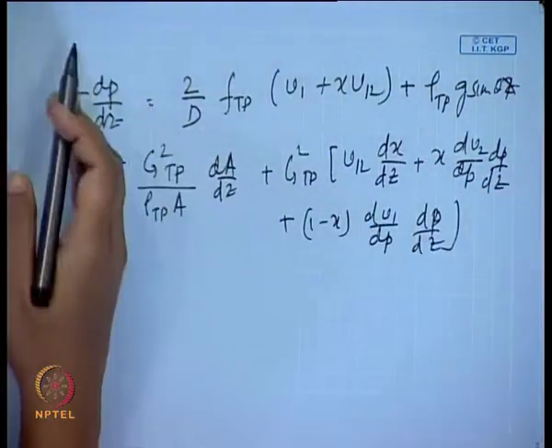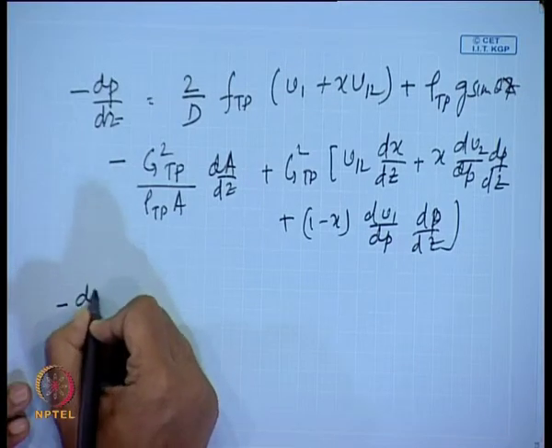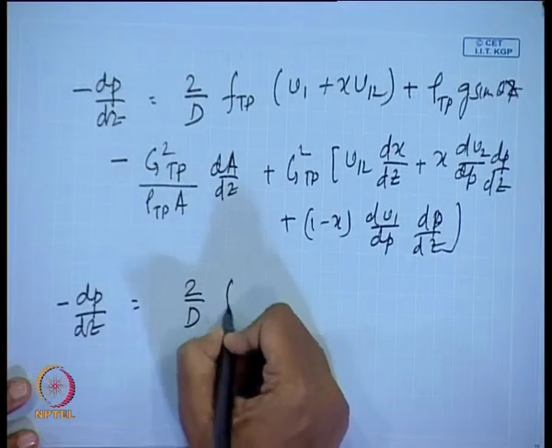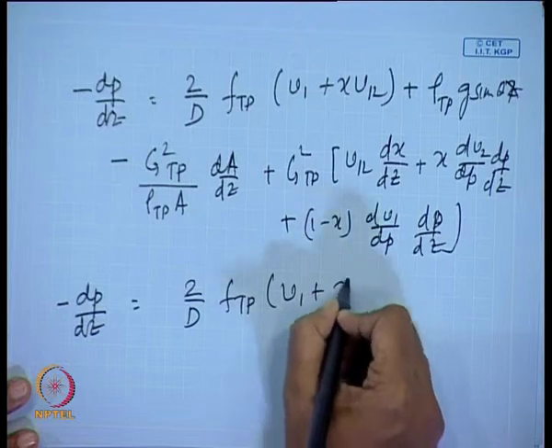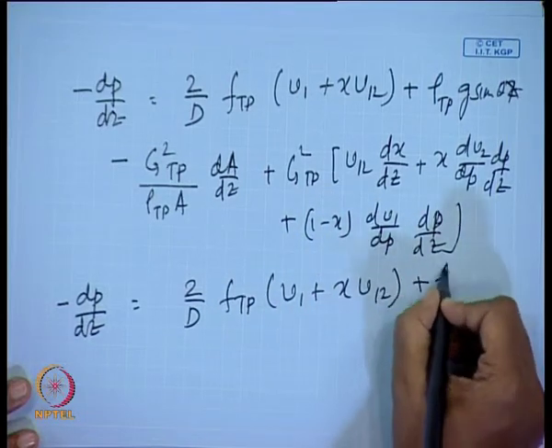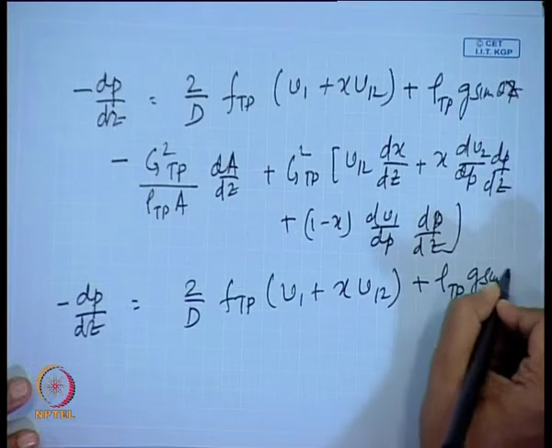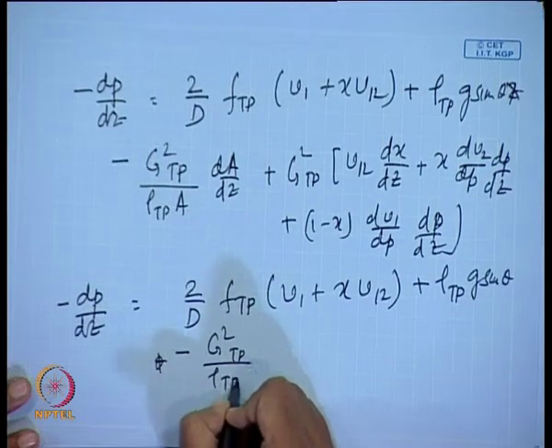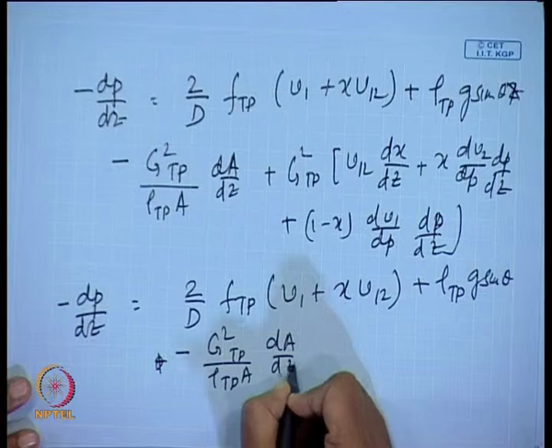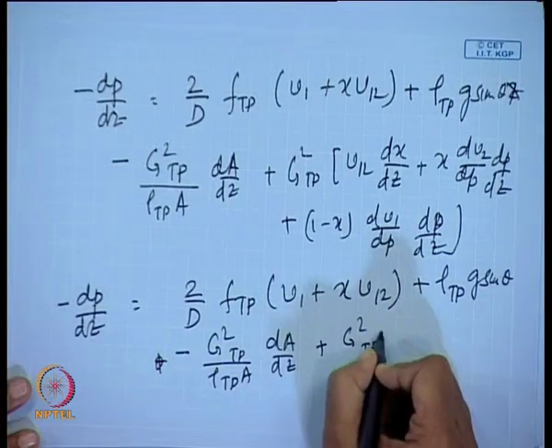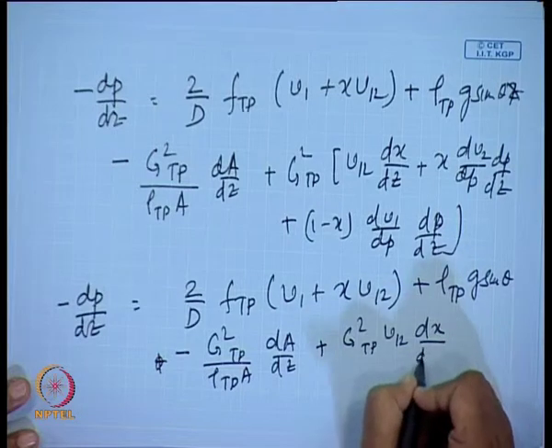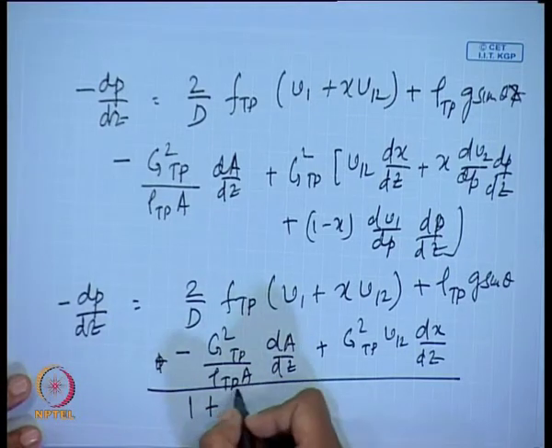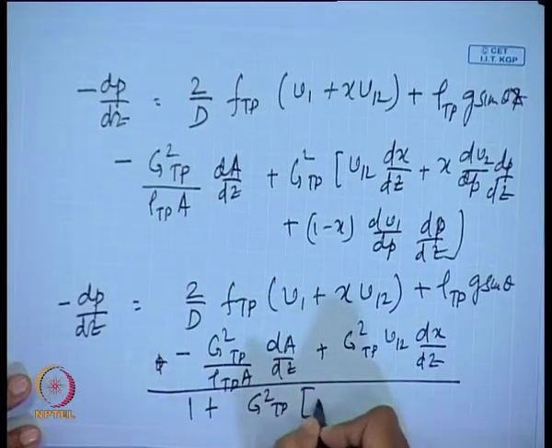Now, let us take all the pressure gradient expressions to the left hand side. Under that circumstance, what do we get? We get this expression, and this divided by G squared two phase, because everything has been taken to the left hand side.